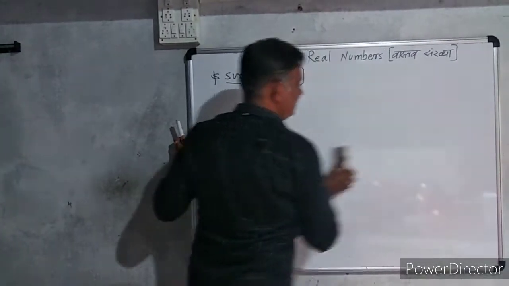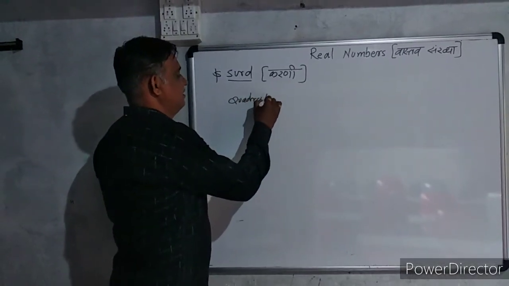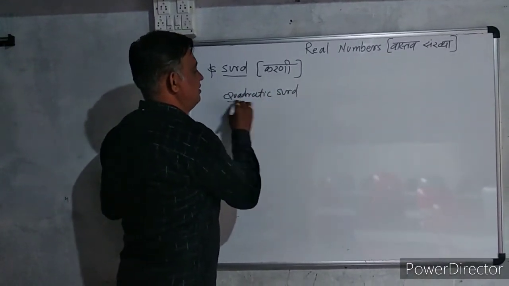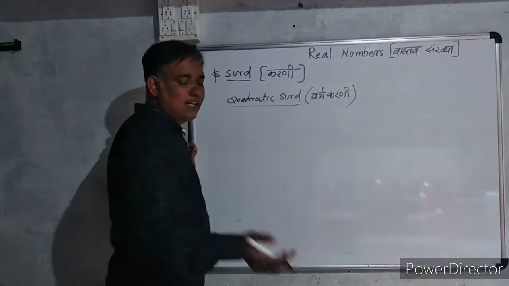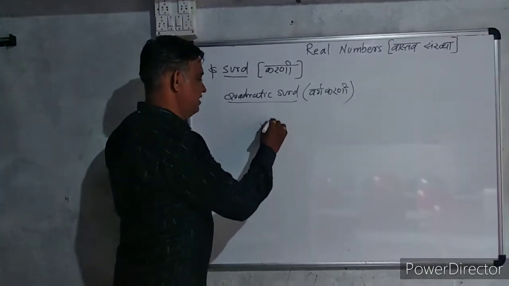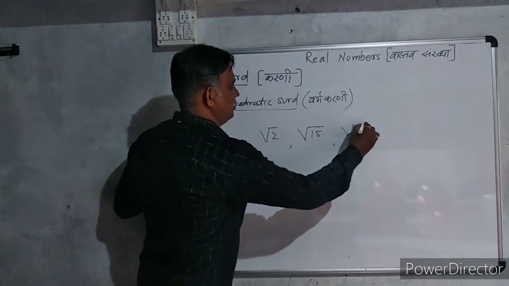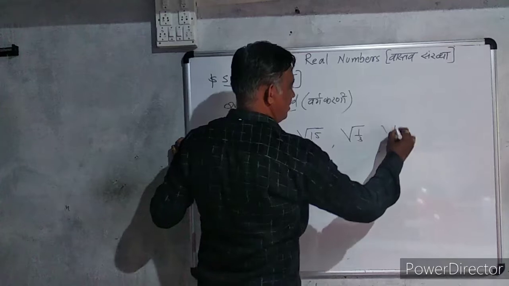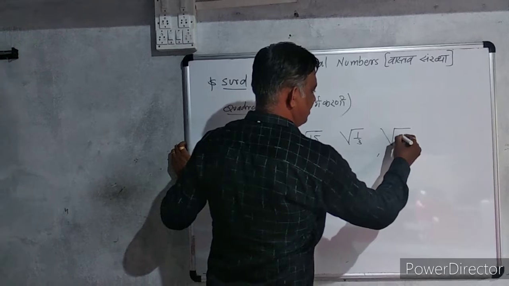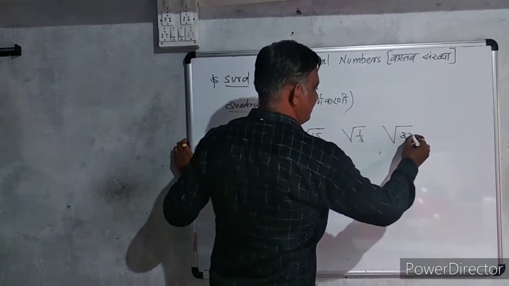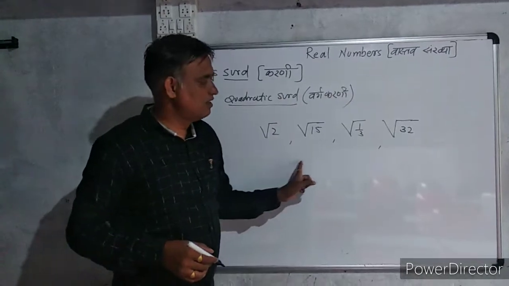Now quadratic surd. मराठीमध्ये त्याला वर्गकरणी असे म्हणतात. What are quadratic surd? I said that these all are quadratic surds. या सर्व वर्गकरणी आहेत.